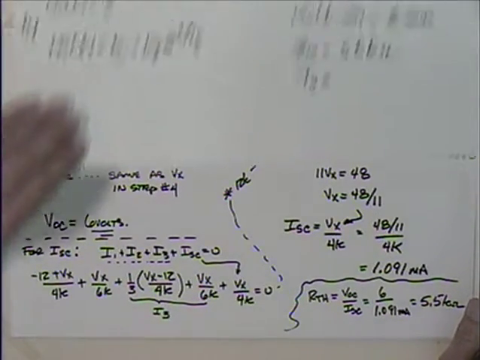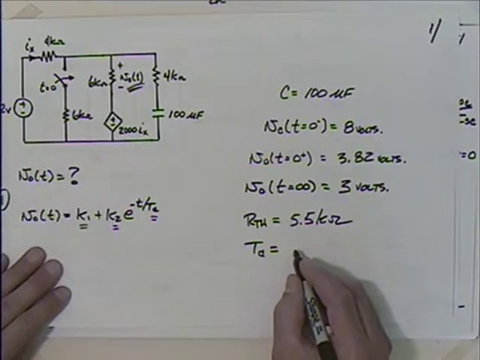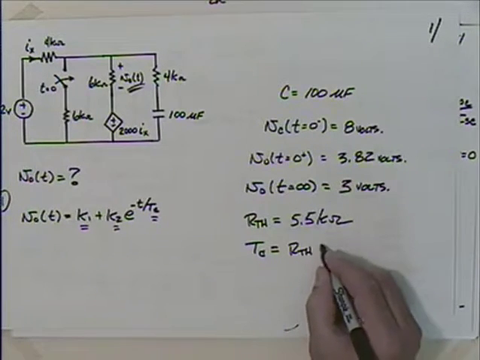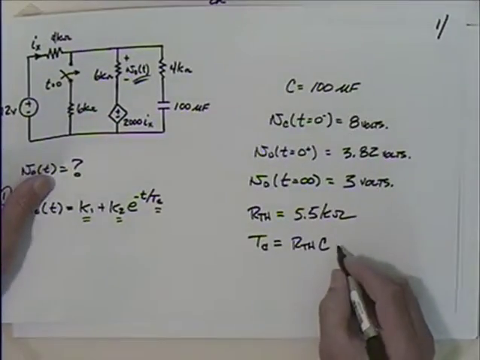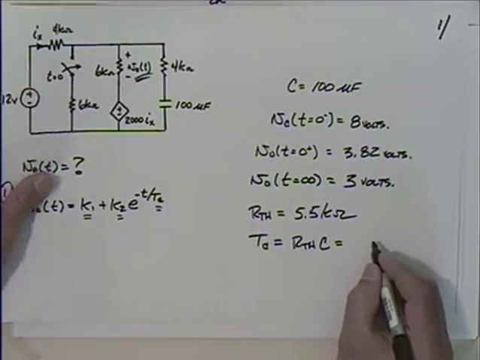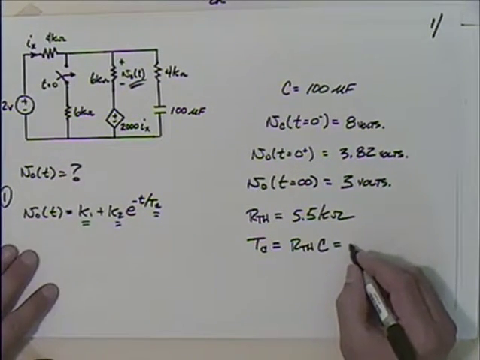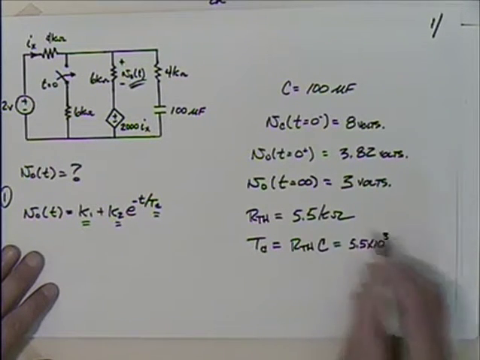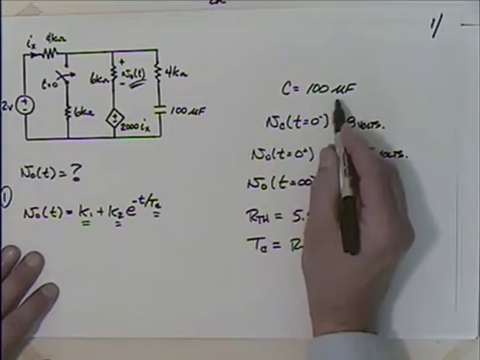Well, let's start to put this all together. We know then that the time constant is going to be equal to R Thevenin times the capacitance. So we've got R Thevenin, 5.5 times 10 to the 3. I have to be real careful when you use the base units. 5.5 k ohms. And then what was the capacitance?